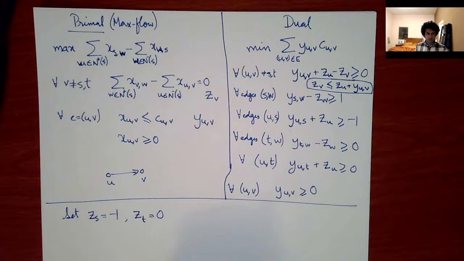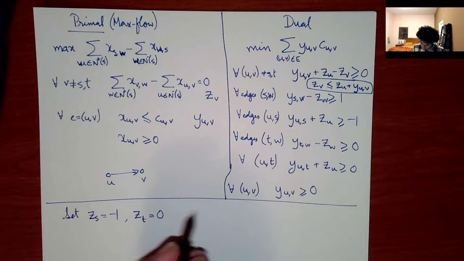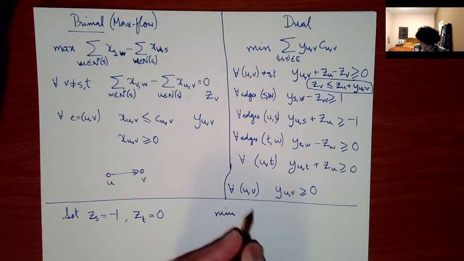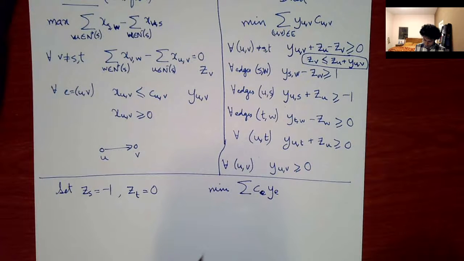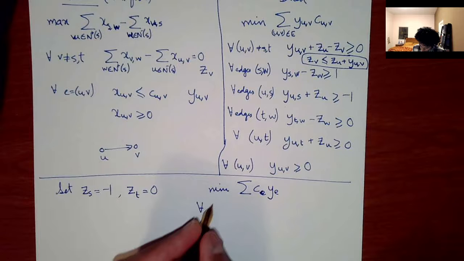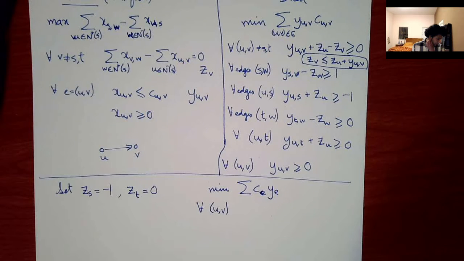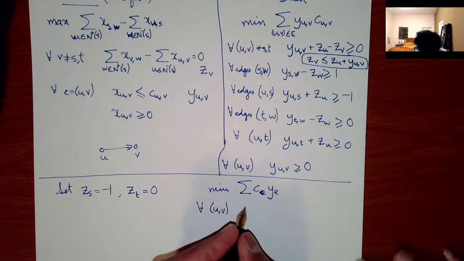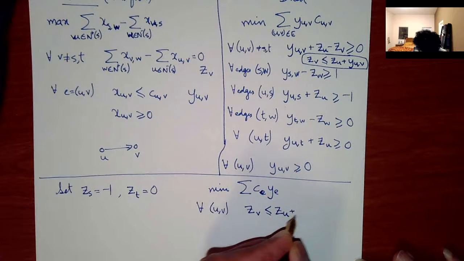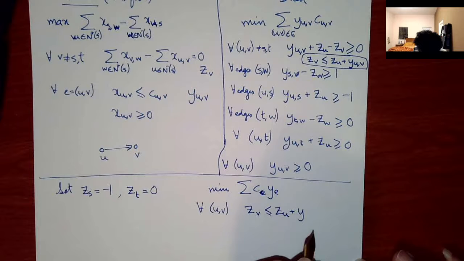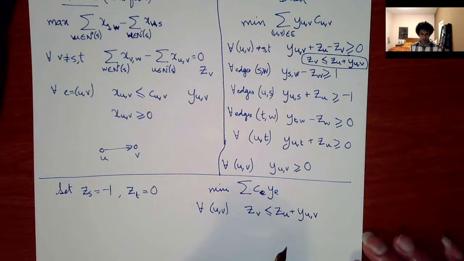And then I promise that if you were to do the math, you'll get, okay, so I'm just going to write CE times YE. And what you just get is for every edge UV, ZV less than or equal to ZU plus YUV. Right? Basically, you can check that this is the case.